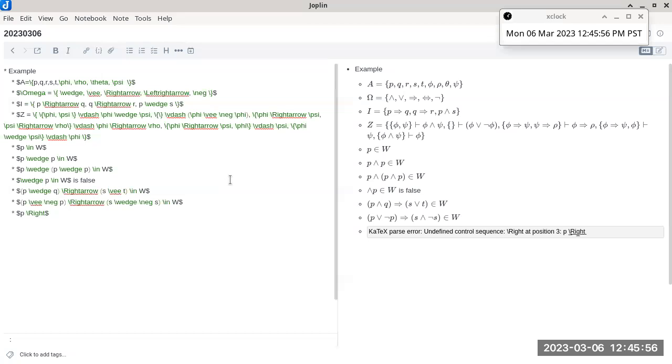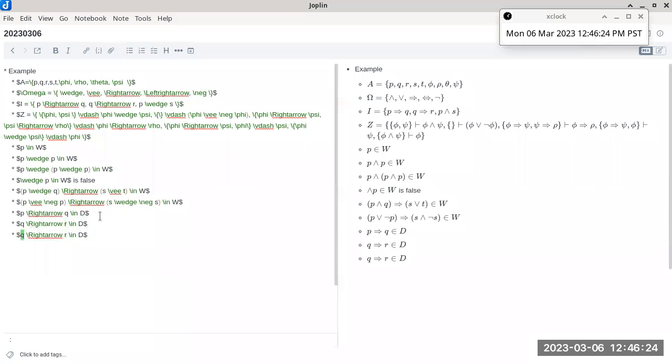So in this case, P implies Q is an element of D. Why? Because it is in iota to begin with. Does that make sense? And as a result, I can also say Q implies R is also in D, because that's also in iota. So I can make the third one, which is P.